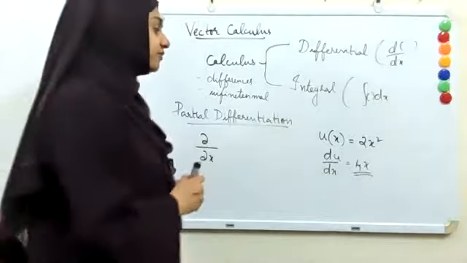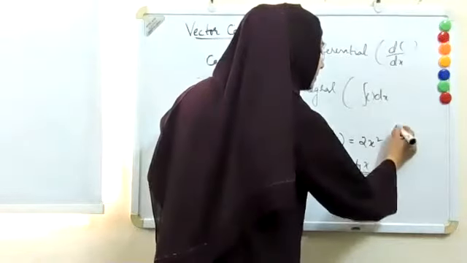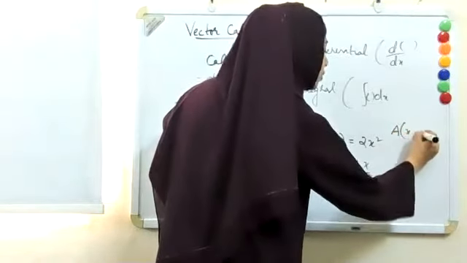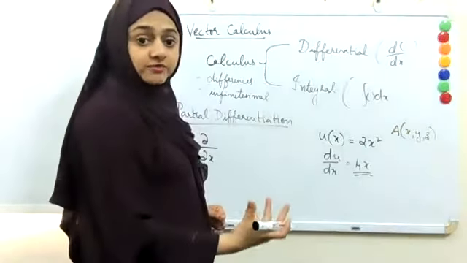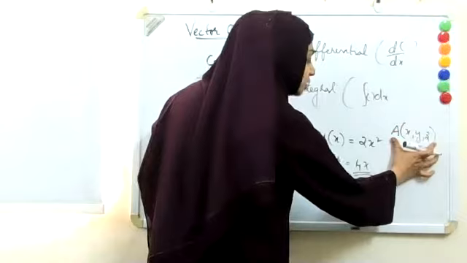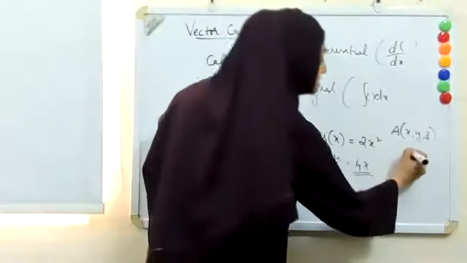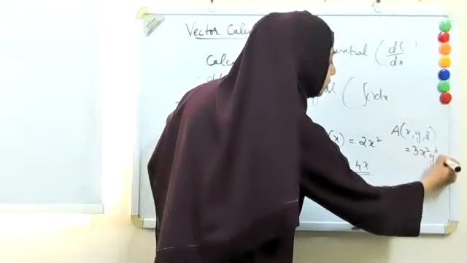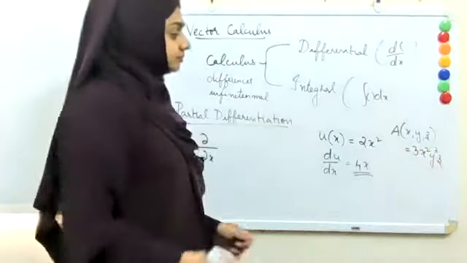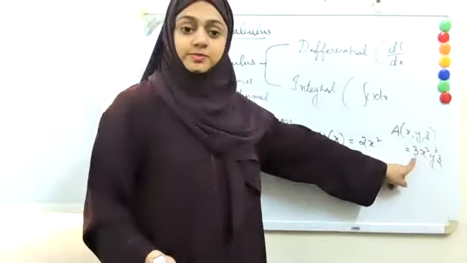Suppose you have a function a which is of x, y, and z. This is equal to 3x square y cube z. This is the expression.